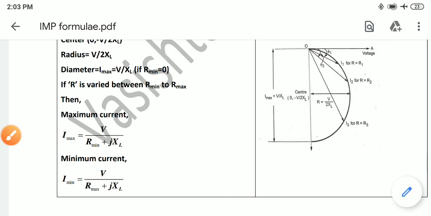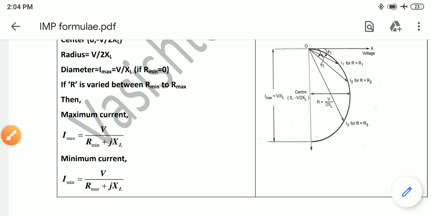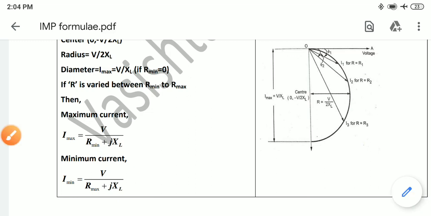The formula is I maximum equal to V by R minimum plus j XL, and I minimum is equal to V by R maximum plus j XL. These two are very important relations in calculating maximum and minimum values of currents.